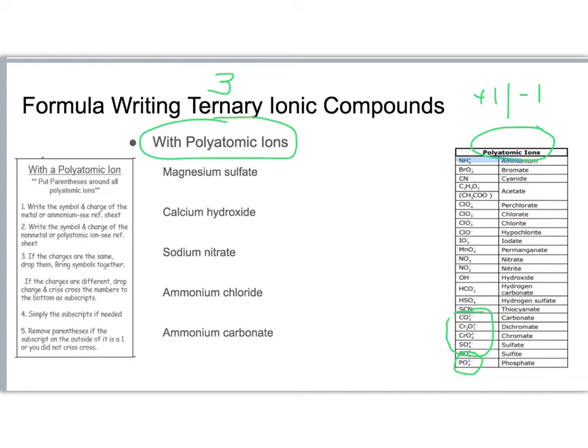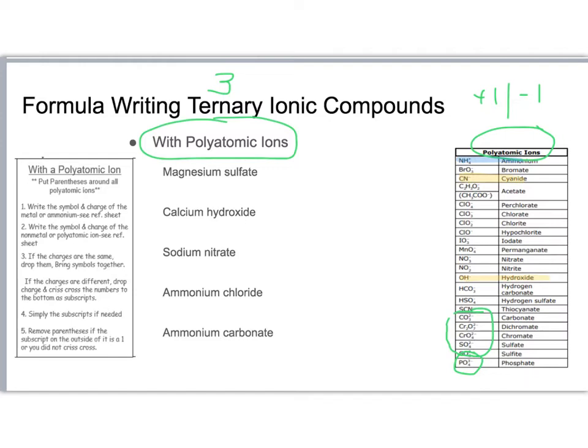Lastly, I would like for you to notice that most of the polyatomic ion names end in -ate and -ite. There are 2 that actually end in -ide, and we need to be careful about recognizing them as polyatomic ions. They are cyanide and hydroxide.